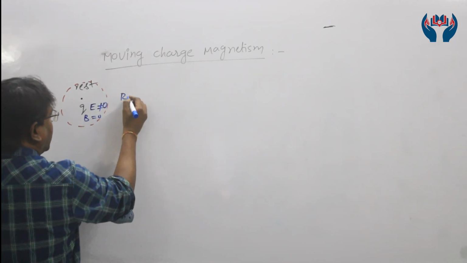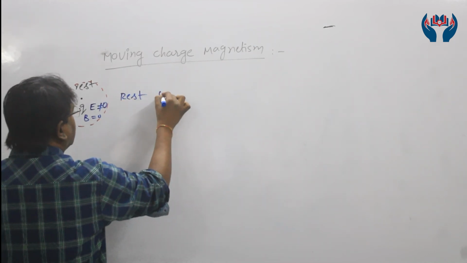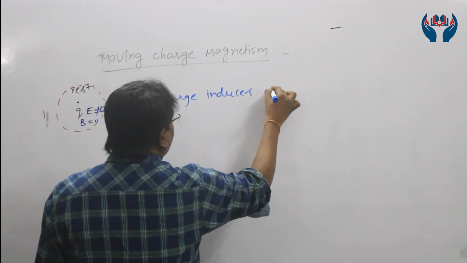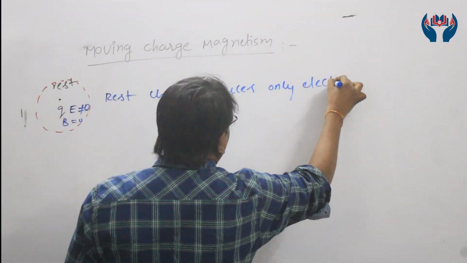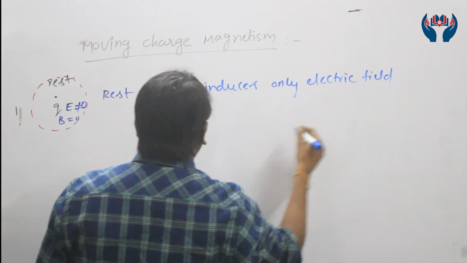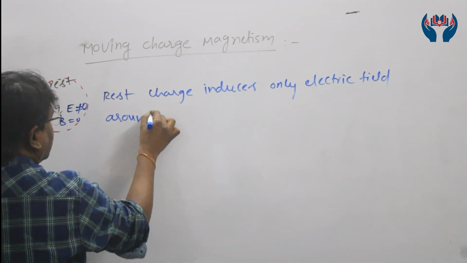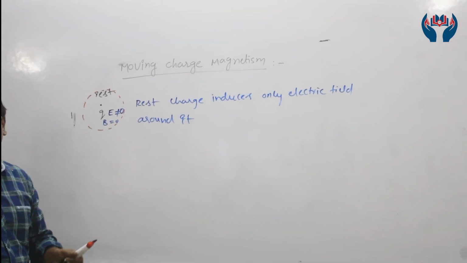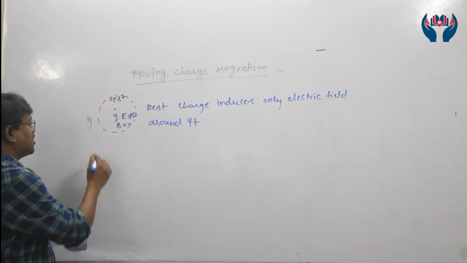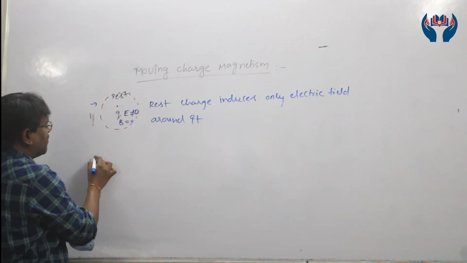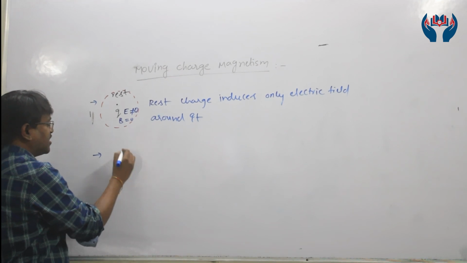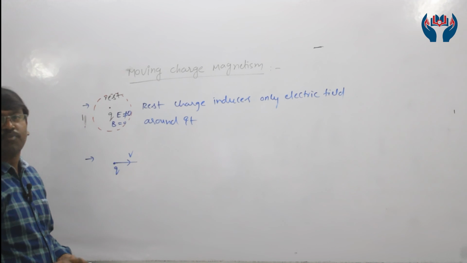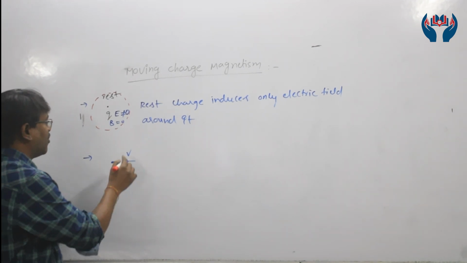Here you can write one point: rest charge induces only electric field around it. The magnetic field induced by rest charge is 0. Suppose the same charge is moving with some velocity v. Now it induces both electric and magnetic fields around it.